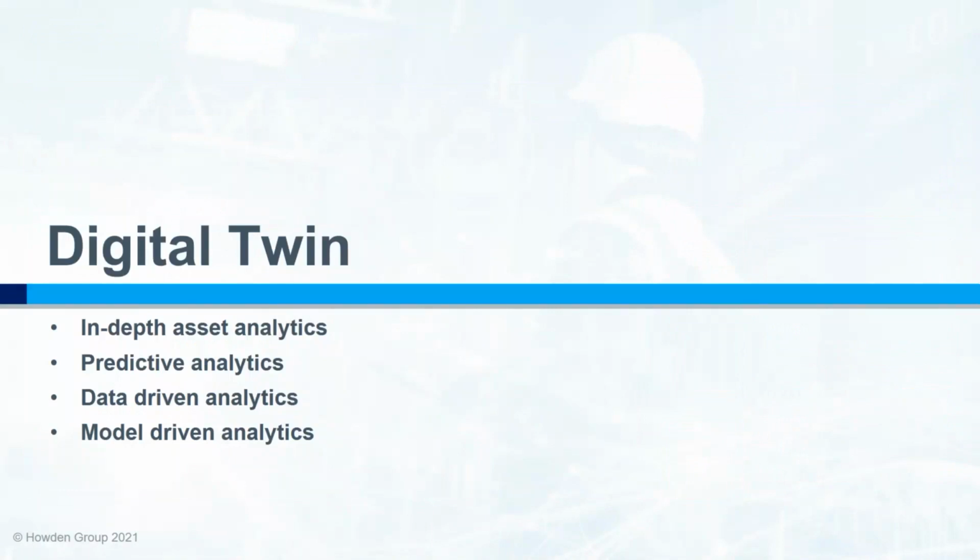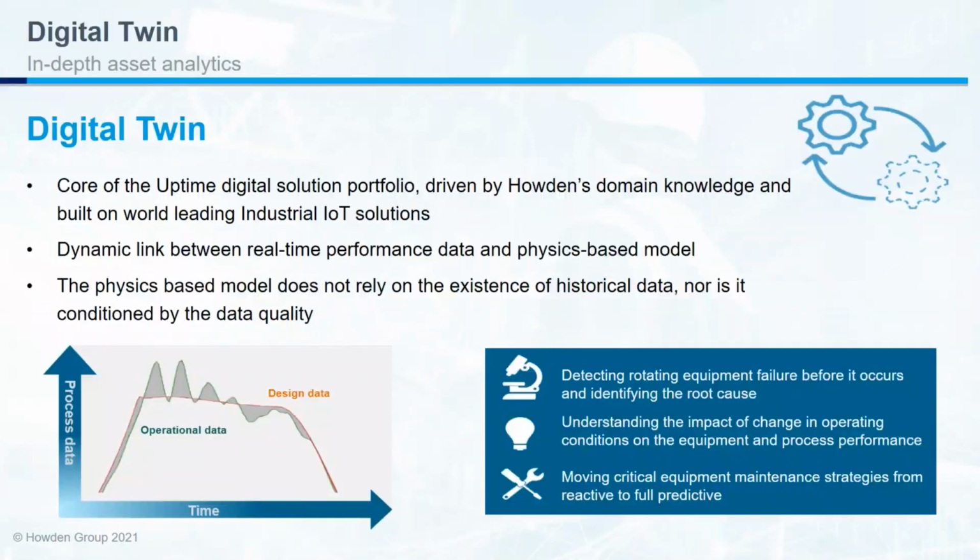The digital twin is really an important part of our Uptime offering. I will explain a bit more about the in-depth asset analytics it is capable of, the predictive analytics, and a slight introduction to data-driven analytics and model-driven analytics, both ways of analyzing data but slightly different. We'll get a little more into detail on the following pages.